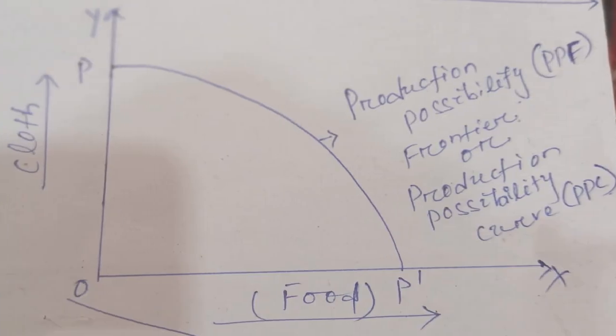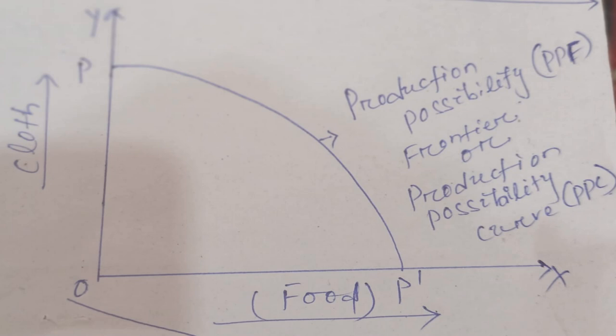Look at the diagram. The horizontal axis represents the amount of food which can be produced by an economy through allocation of all its resources. That amount is OP dash.